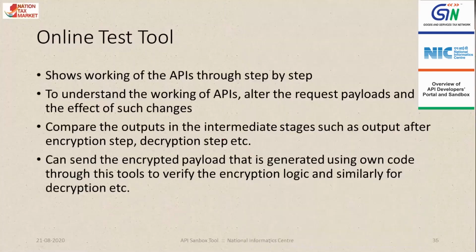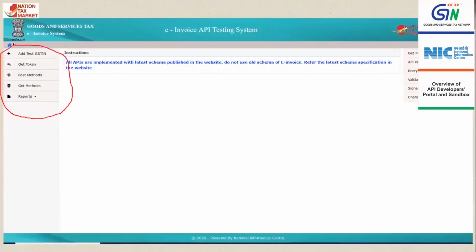So this is about the online tool which one will get after getting themselves registered and login into the application. So here we have some of the things like add test GSTNs. The GSPs can add their eligible customers credentials here. They can create the credentials for their eligible taxpayers, and the other taxpayers will be able to create multiple test accounts based on the same PAN for their sister concerned organizations.